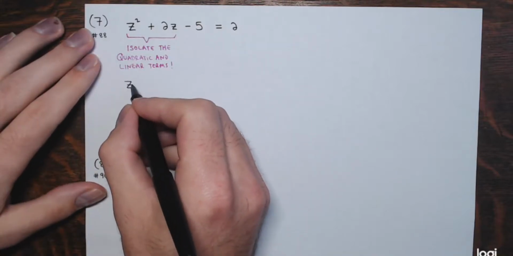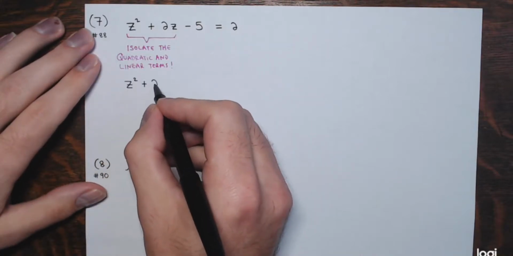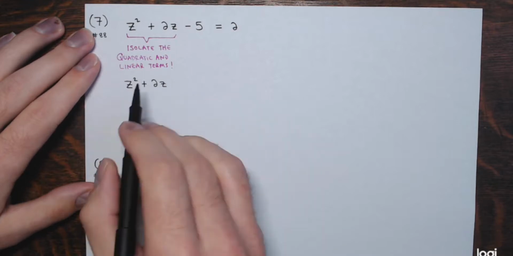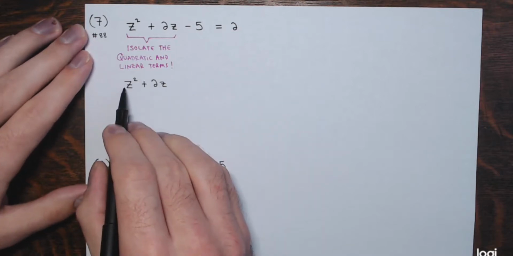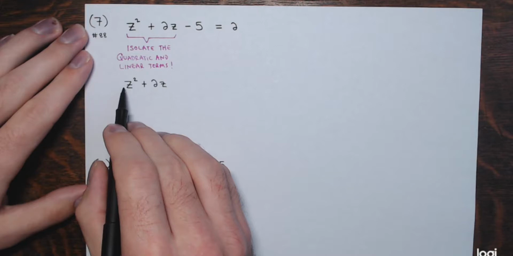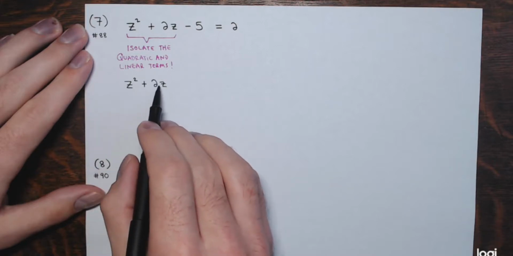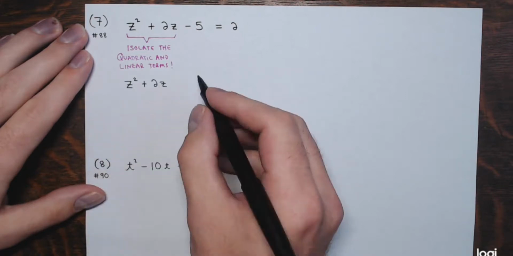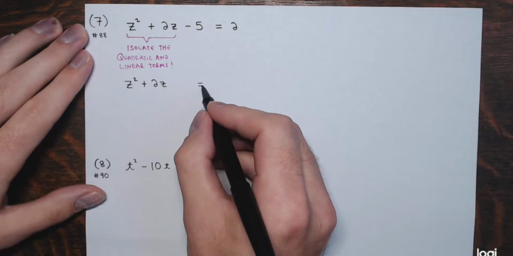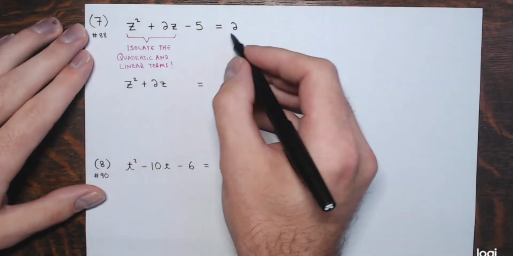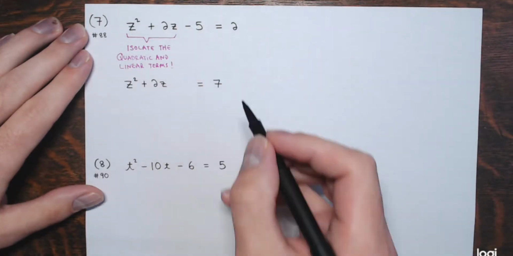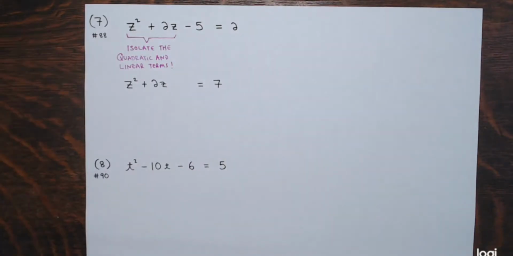Z squared plus 2z. And, since the coefficient on the quadratic term is 1, I can complete the square on these terms, on this binomial. So I'm going to leave a little space, and then adding 5, 2 plus 5 is 7. Right. Now I have it the way I want to be able to solve by completing the square.